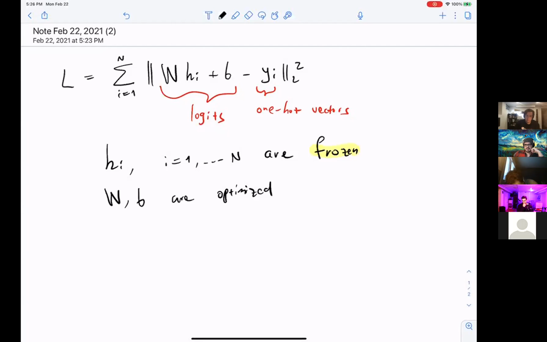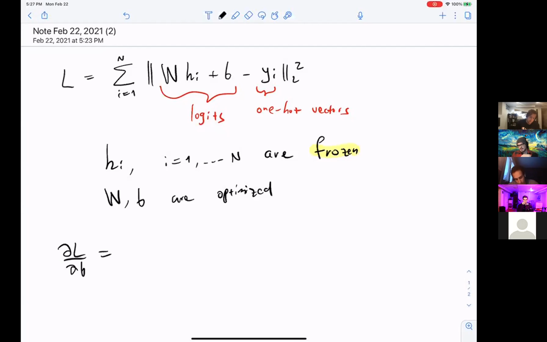So this is basically a least squares problem, right? So let's try to solve this least squares problem. It's just a simple exercise that hopefully we've done many times before.